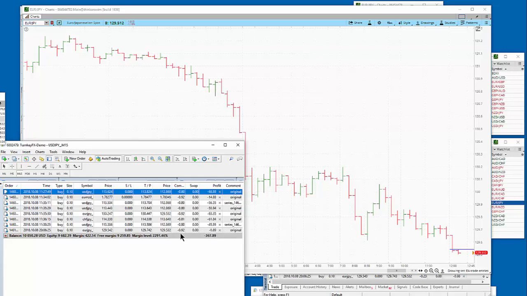So I wouldn't want to put a profit stop on the trade until the profit in the profit column was more than the cost it cost me to go into the trade. So I'd want to make sure that this number was bigger than 92 cents, right? So we'll keep an eye on this just for a minute, right?